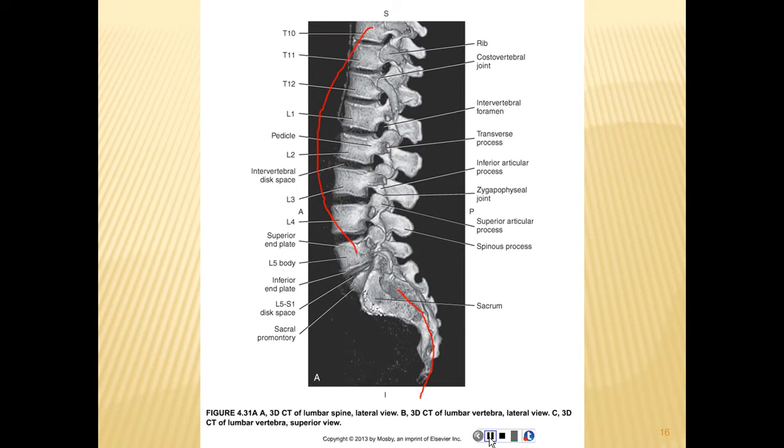It's also important to provide the radiologist with an accurate sagittal section of the lumbar vertebra so that they can see or talk about any spondylolisthesis that may be present from a defective pars articularis.